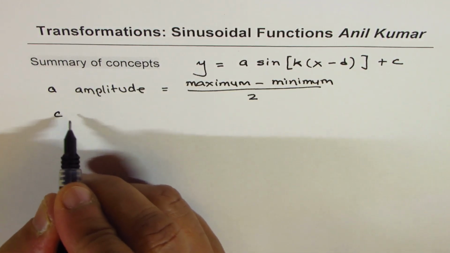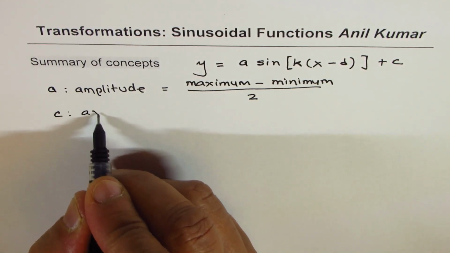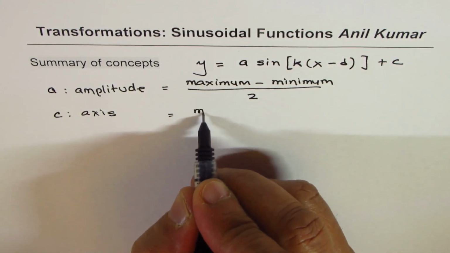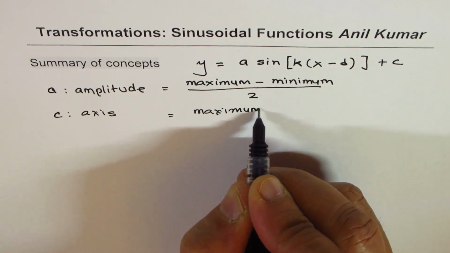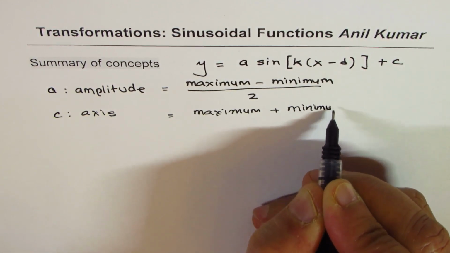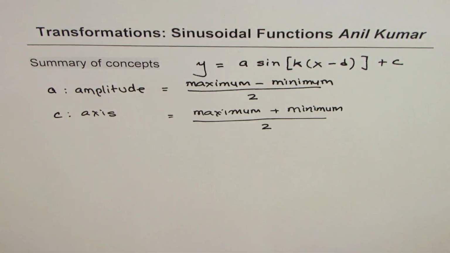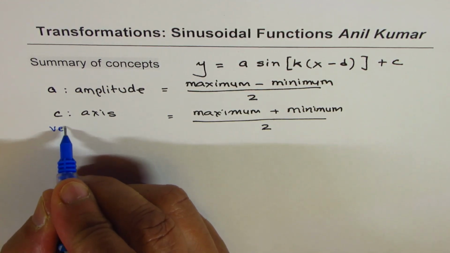C is, you can say, the axis, which is the average value, which is maximum plus minimum divided by 2. So C will also be referred to as vertical translation.